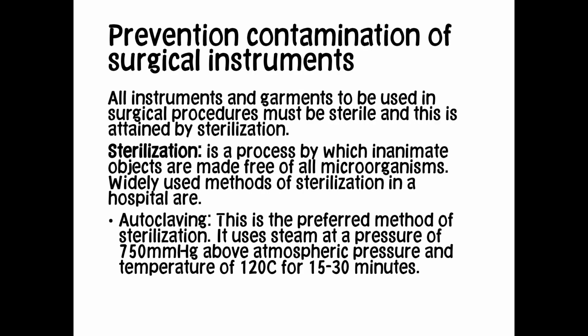And the preferred mode of sterilization is autoclaving, whereby the instruments and clothes are heated using steam at a pressure of 750 millimeters of mercury above atmospheric pressure, at a temperature of 120 degrees Celsius, for 15 to 30 minutes.